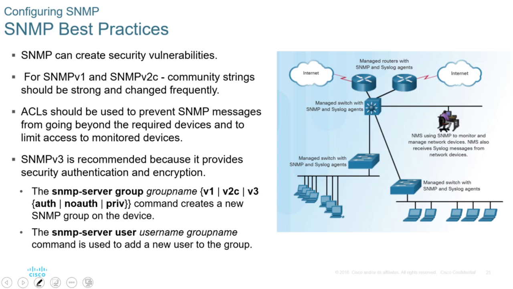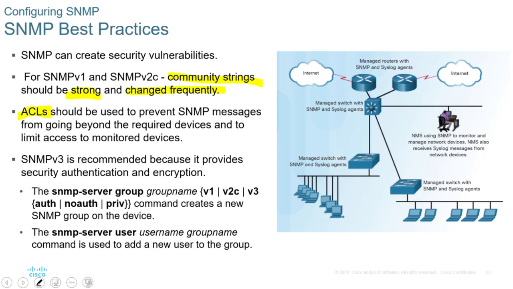So with SNMP, there are a number of security vulnerabilities, particularly with versions 1 and 2. For the issues with community strings, the best approach would be to change community strings frequently. And if we are using community strings, they must be changed frequently and also be strong.